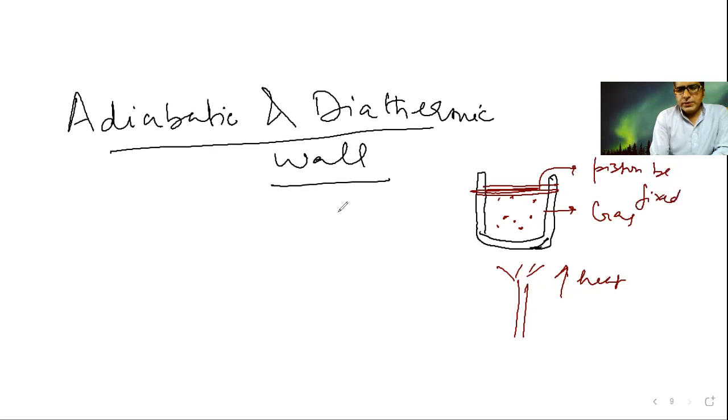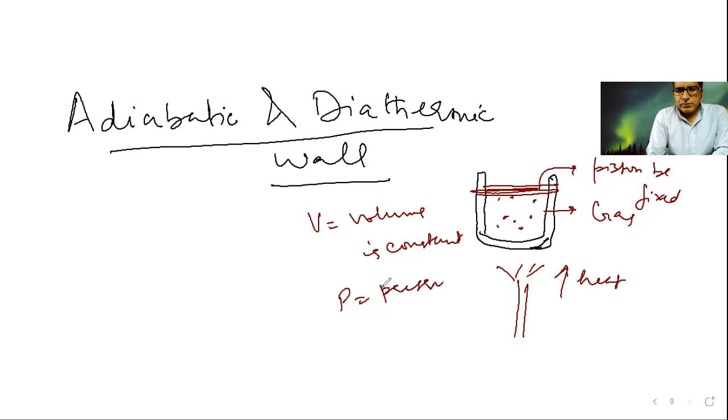If the piston is fixed, that means volume V is constant. So if I heat this gas, keeping its volume constant, what will happen to this gas? Its pressure P will increase. So for a constant volume gas system, whose volume is kept constant, when we heat it, pressure will increase.